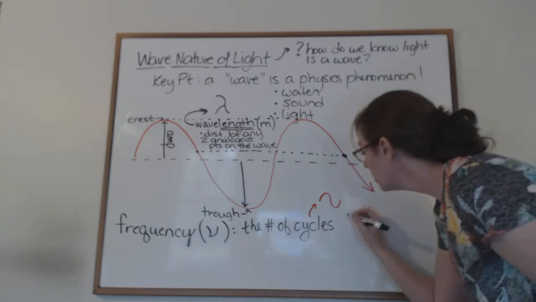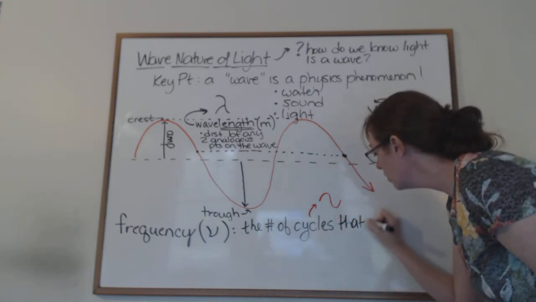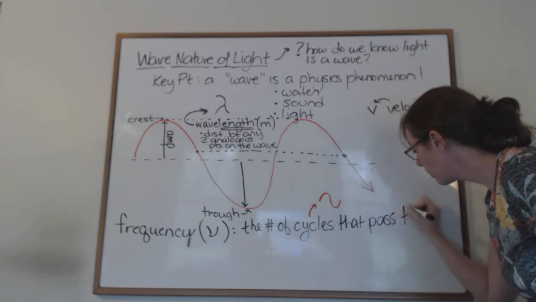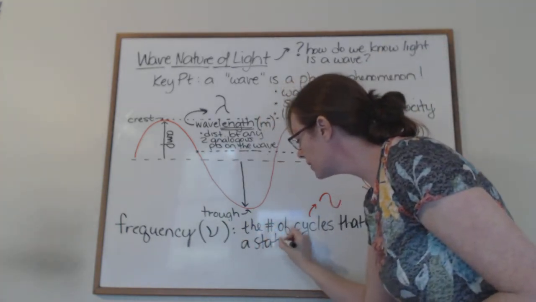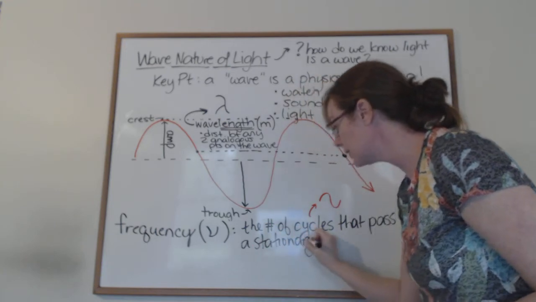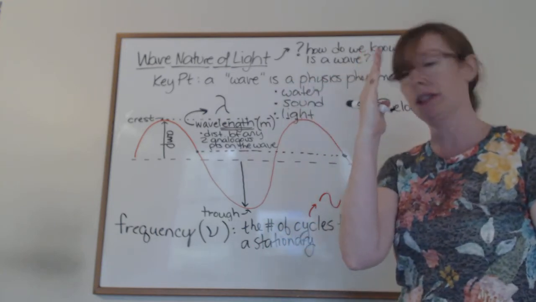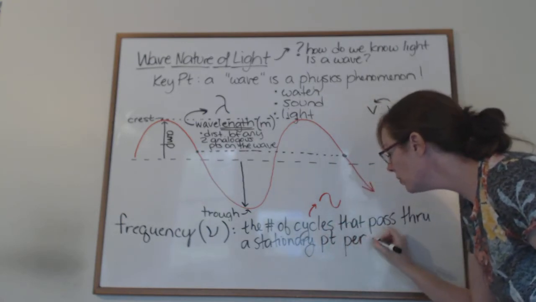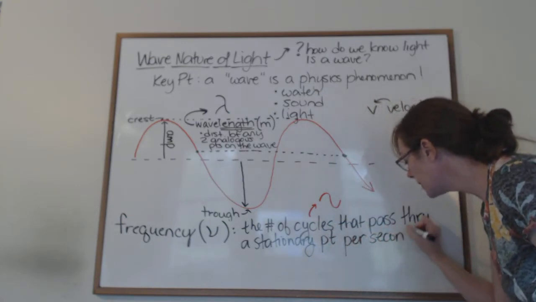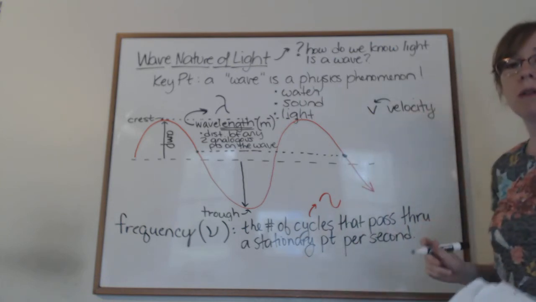The number of cycles that pass through a stationary point. Stationary means not moving, like a stable point. It's per unit time, but it's pretty much per second. That's the unit of time that we use, per second.